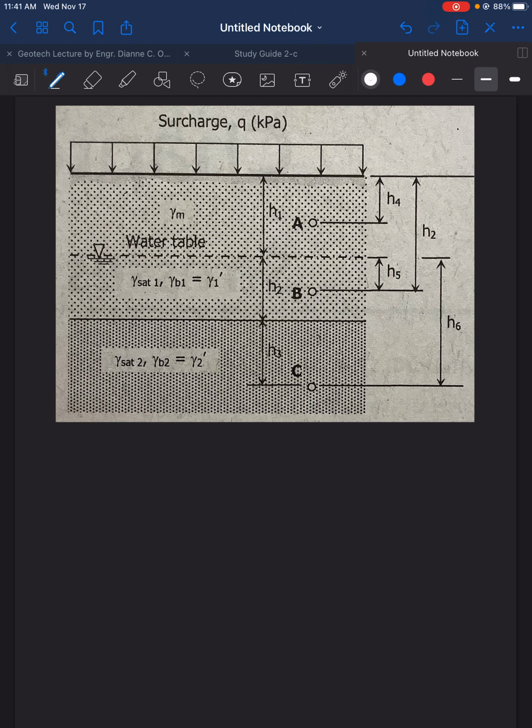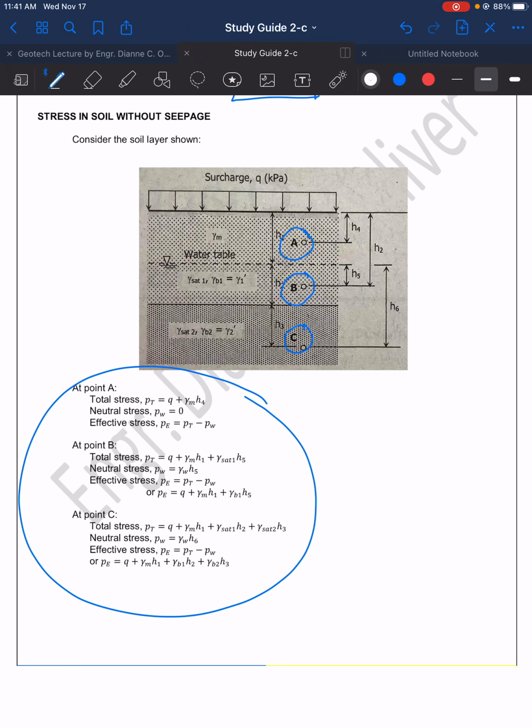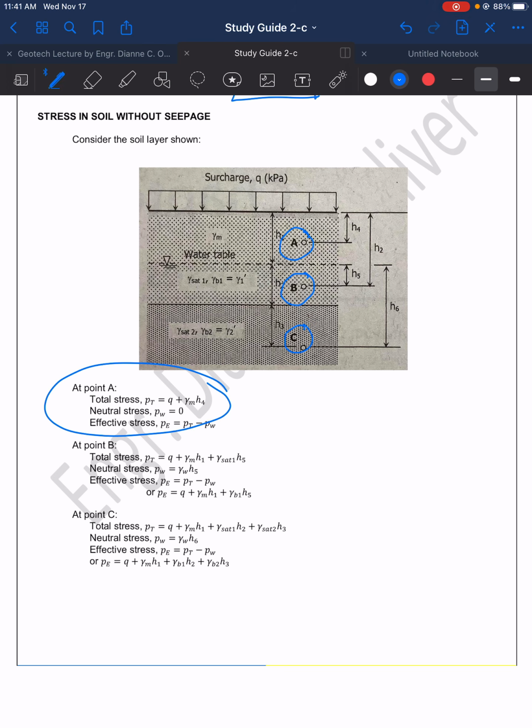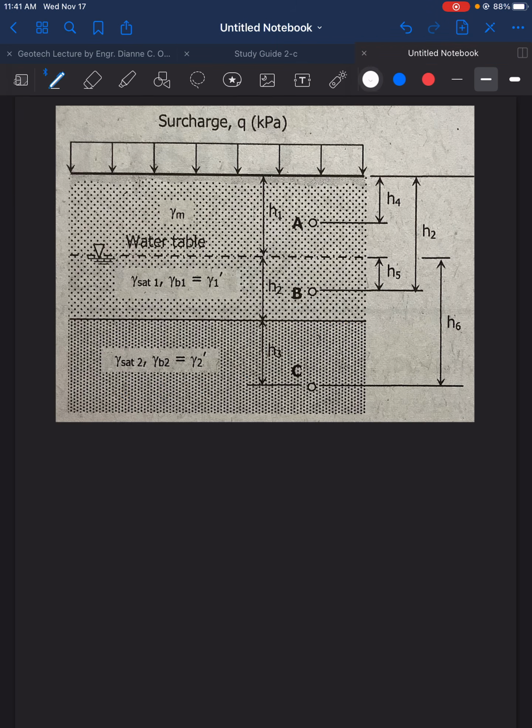Okay? So, from this, let's consider first the point A. Okay? So, let's focus on point A, calculating point A. The distance of point A from the ground surface is H4.